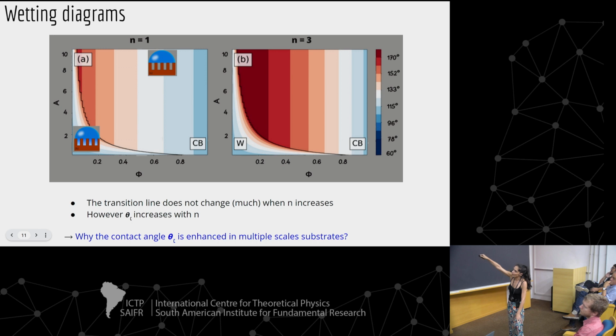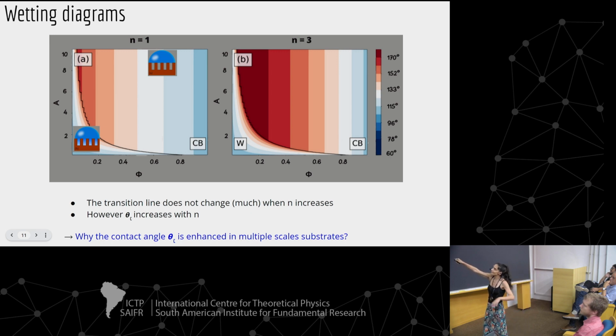And on the other side, the preferred configuration is the hydrophilic state. And then what you see in color are the contact angles of the droplet, if you place the droplet on the surface. I didn't say it, but this is a model where we take the same aspect ratio and the same solid-liquid fraction for all the levels, just to be simpler.